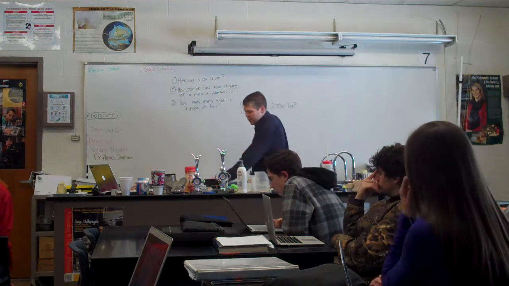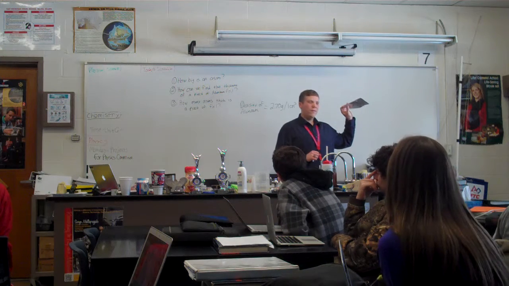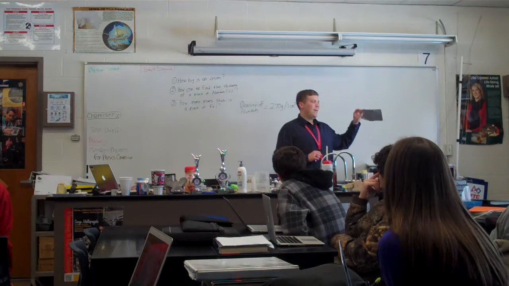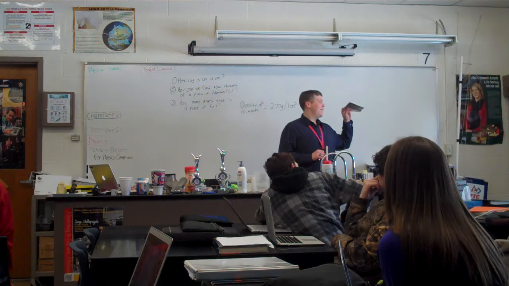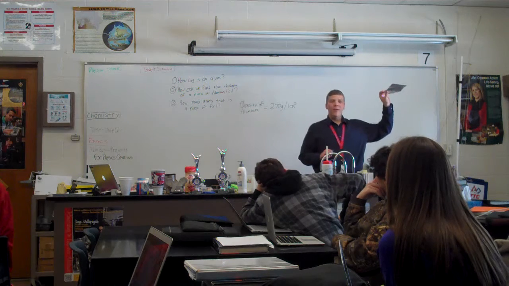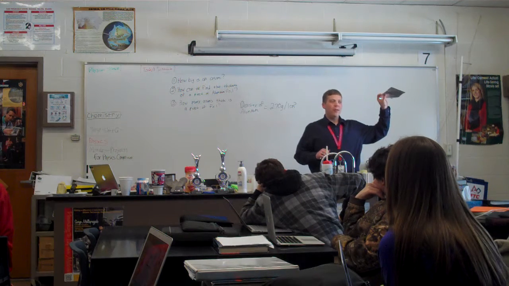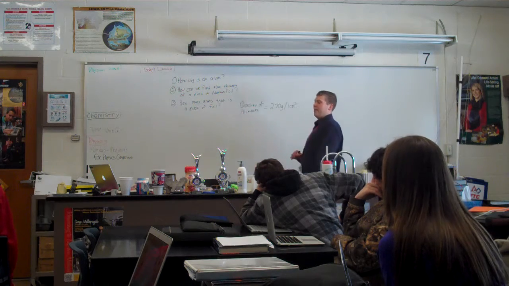Do you think you could measure how thick it is with just a plain ruler? It's going to be so small that a ruler's not going to be able to cut it.